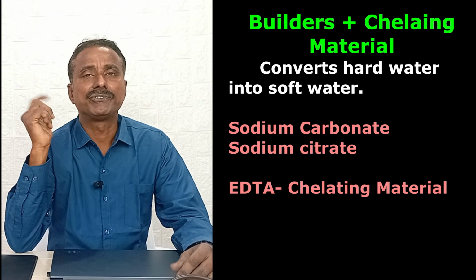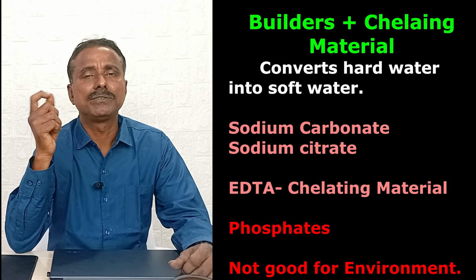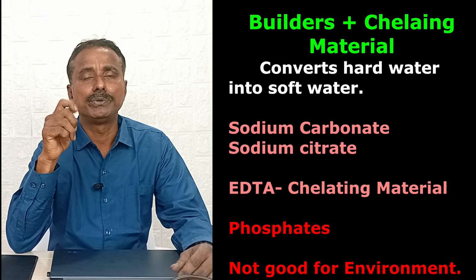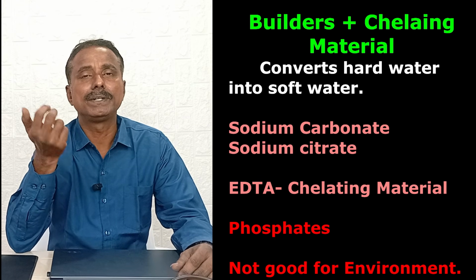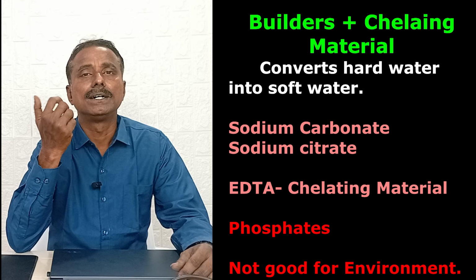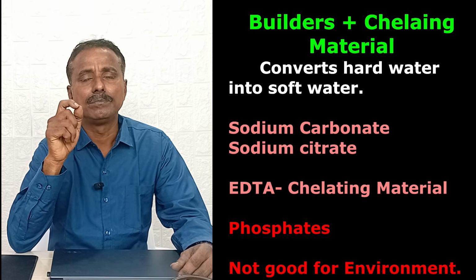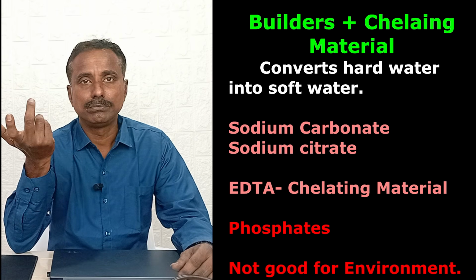One more thing I would like to say: phosphates. From the chemistry point of view, phosphates are good materials, completely water soluble, they give good cleaning performance and are cheap, but they are not good from the environmental point of view.